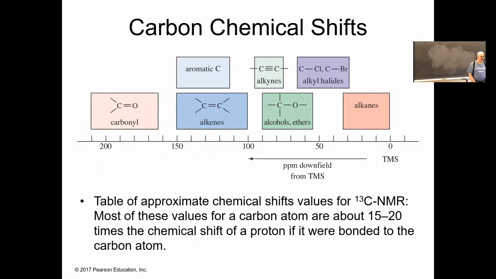Okay, for carbon-13, we have a whole different set of chemical shifts. And this is a very abbreviated listing of some of the functional groups. Alkane carbons will show up between about 0 to 40. Halides will be somewhere in this region. Alcohols and ethers will show up somewhere about 60 to 90.